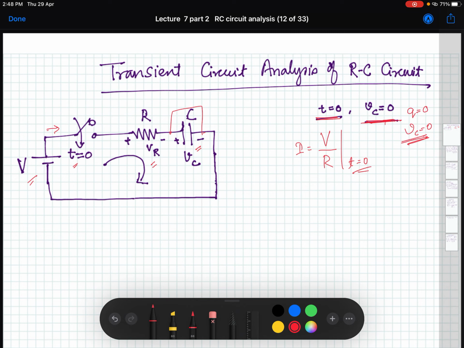It can only charge up to a value V, because beyond V, if it charges, the current has to flow opposite, okay, because the voltage across the capacitor becomes larger in that case. So it cannot go beyond V, because as soon as it goes beyond V, the voltage source becomes lesser, and the current has to reverse. So equilibrium is only achieved when the capacitor charges up to V.